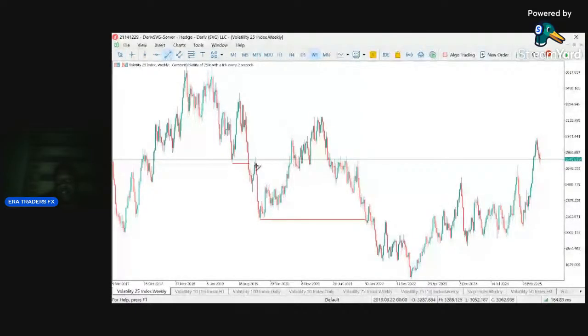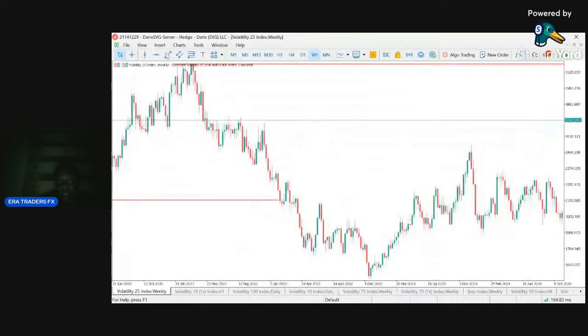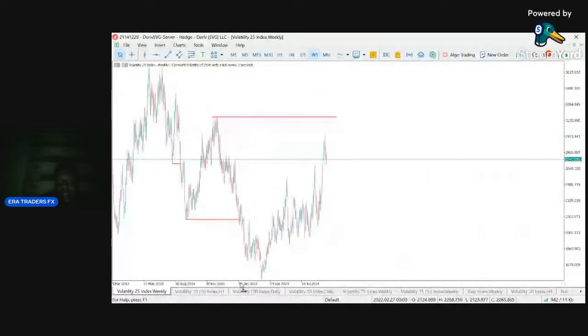I don't know if that makes sense. So that being said, what I need to now do is to look for my first area of liquidity on that level, right? Which is simply the new area of liquidity.